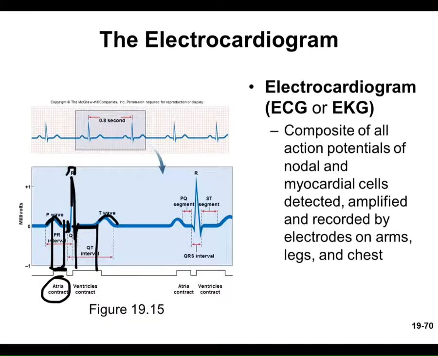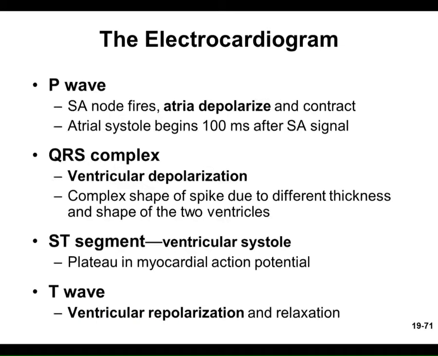So let me walk you through this again, slide by slide. So you'll recognize this from lab. The P wave represents the electrical disturbance caused by the firing or the depolarization of the SA node. The atria, at this point, those cells are depolarizing.